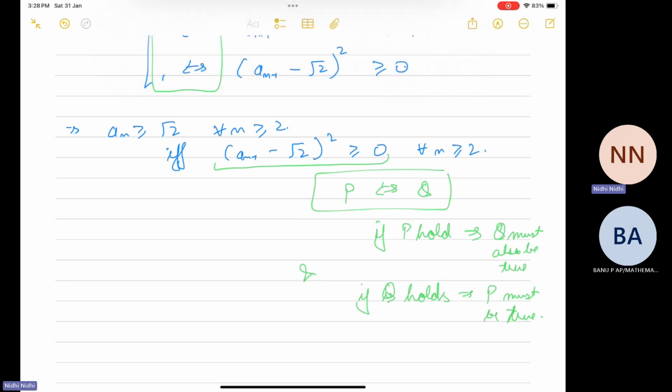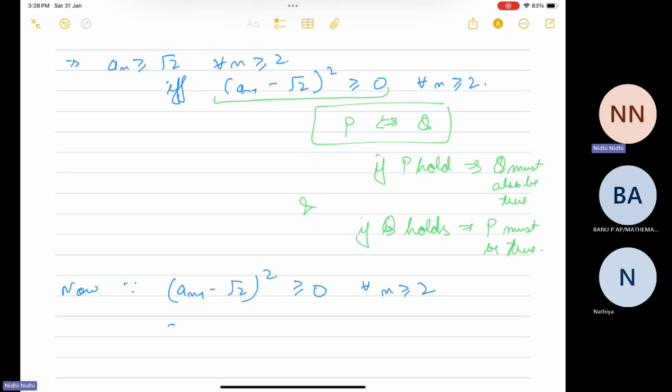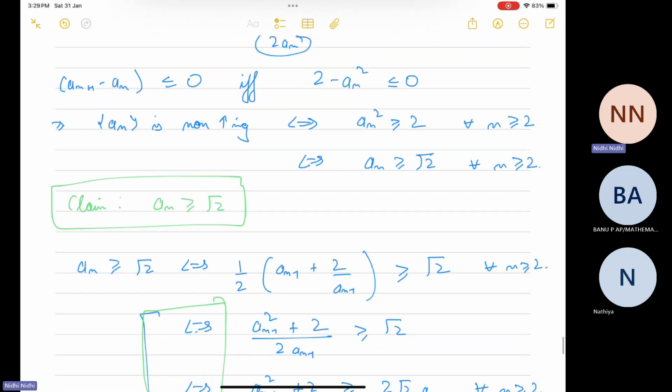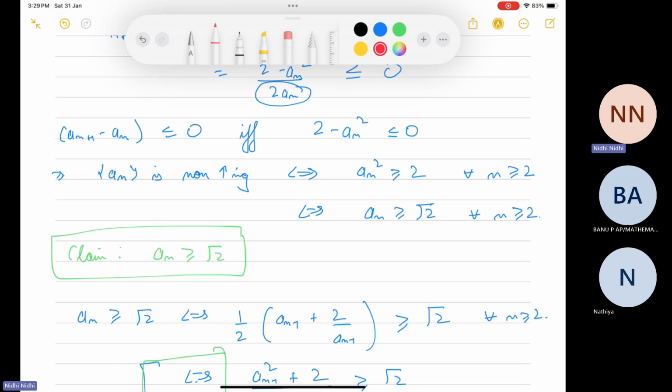Now we all know that this is always non-negative because this is a square of some real number. We know that a square is always non-negative. Now since (an minus 1 minus root 2) square is always non-negative, this implies an greater than equal to root 2 for every n greater than equal to 2. So we can mark this as equation 1.